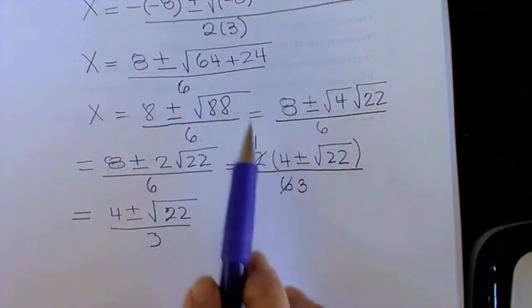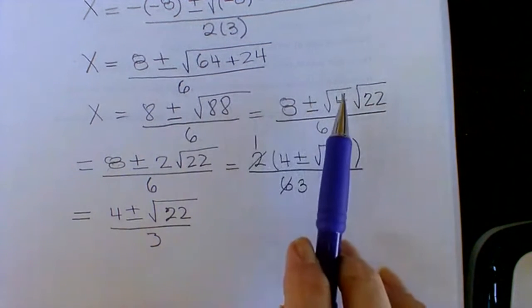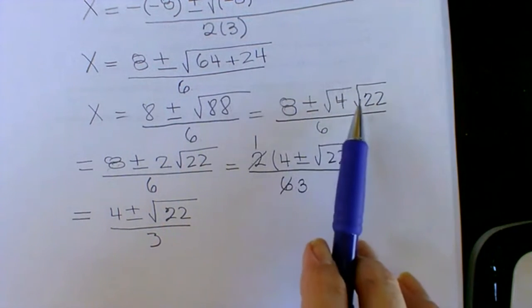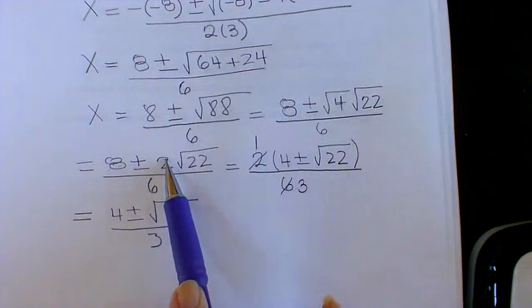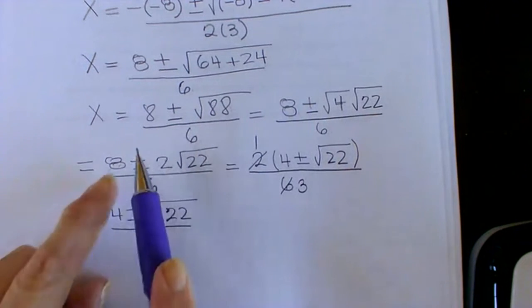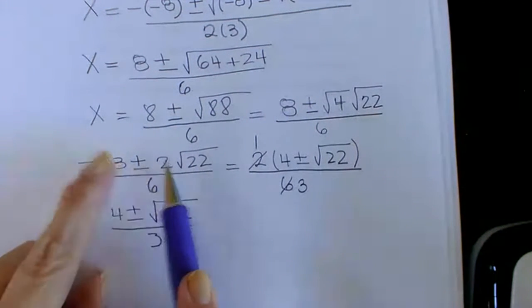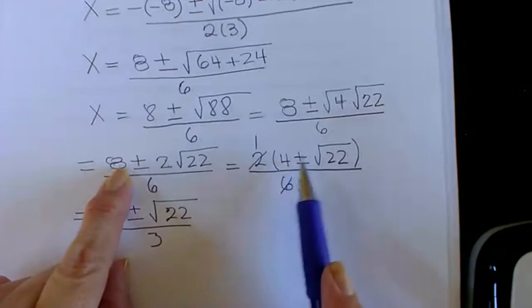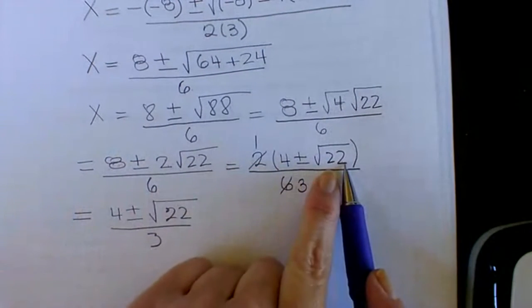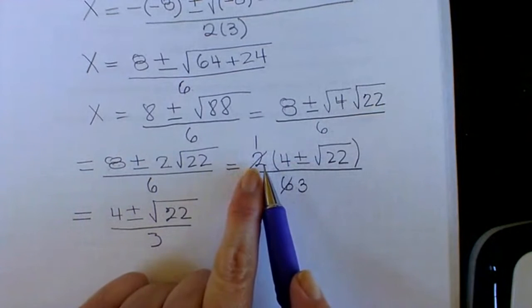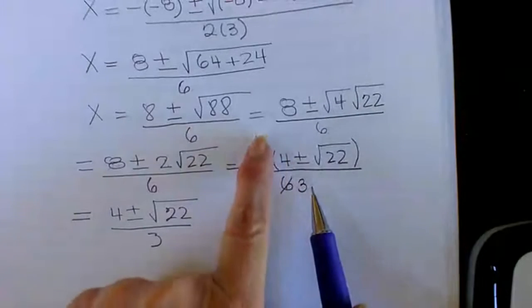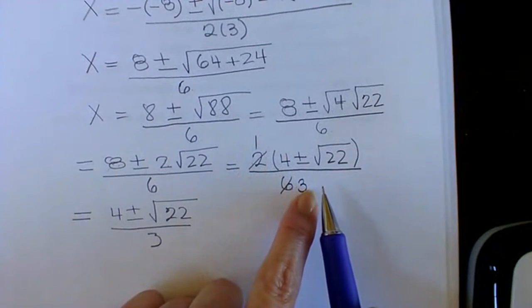So let's go back here. The 88, I break it down between 4 and 22. The square root of 4 is 2. Now that I have the 8 and the 2, I'm going to factor out the 2. So what am I going to have? I'm going to have 4 plus or minus the square root of 22. Now that this 2 is out, I could simplify with the 6. 2 over 6 is equal to 1 over 3.